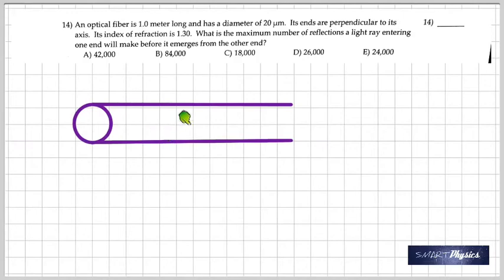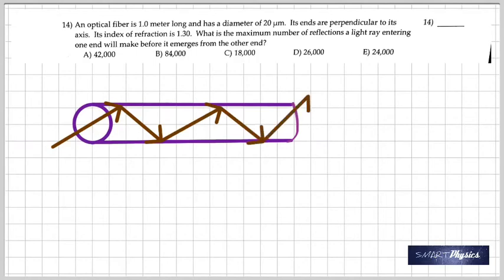Same thing happens here, so it keeps going back and forth again. So that's where you're going to look. So let me complete the diagram now. The ray enters, it's totally internally reflected, and again until it comes out the other end.